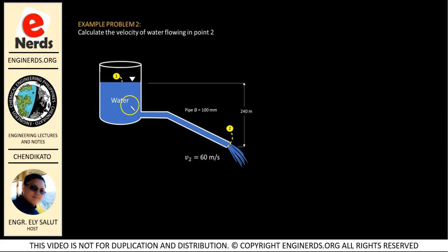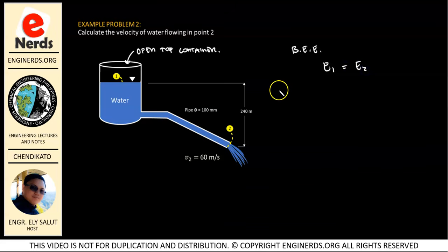So we have the given values. We have a triangle here, which means we have an open tank, an open-top container. Having this, we will use Bernoulli's energy equation, and based on that, we know that energy at point 1 is equal to energy at point 2.